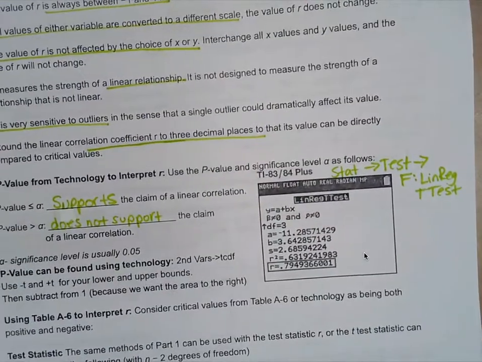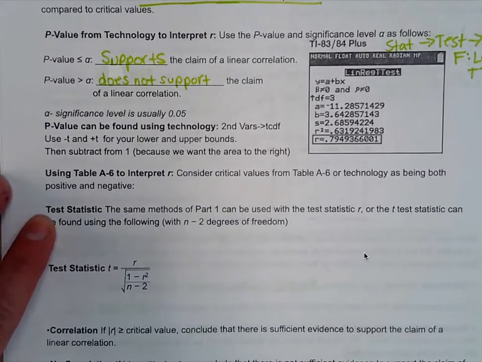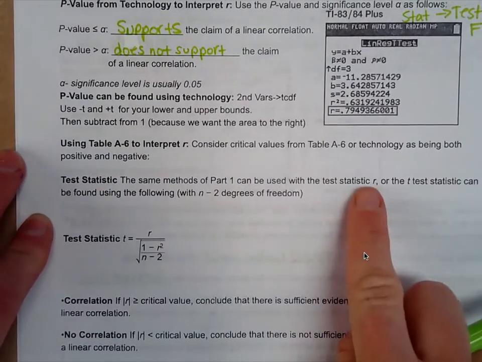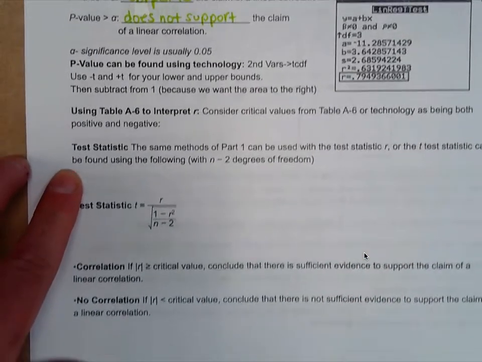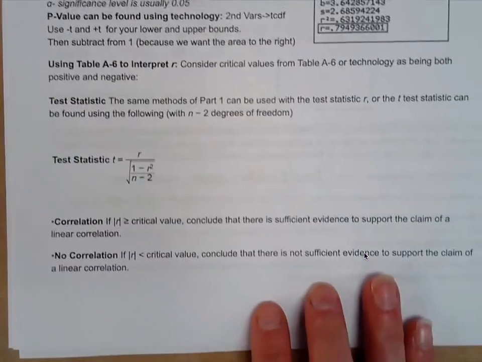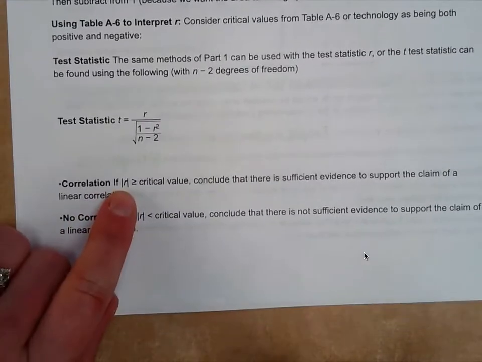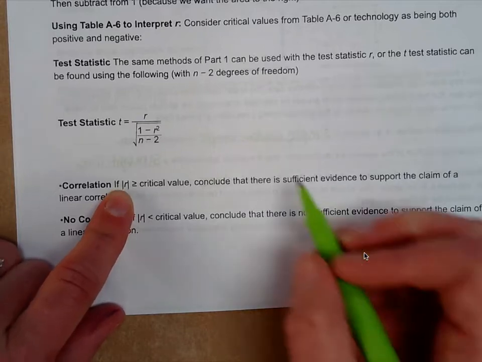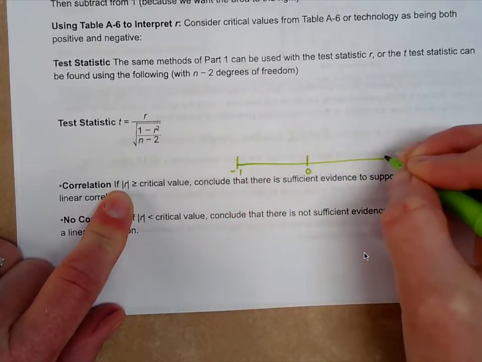All right, let's look at the next thing. Test statistic. The same method of part 1 can be used for the test statistic R, following that with n minus 2 degrees of freedom. For correlation, you compare your R value to your critical value. Let's say we have 0, we have negative 1.